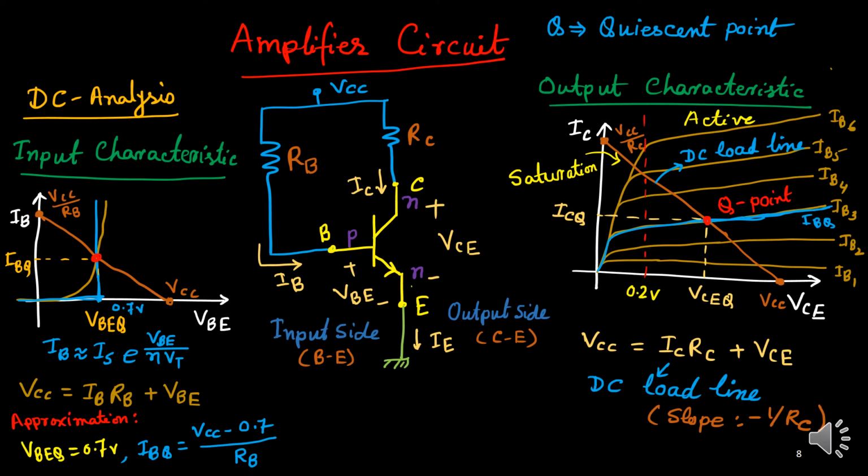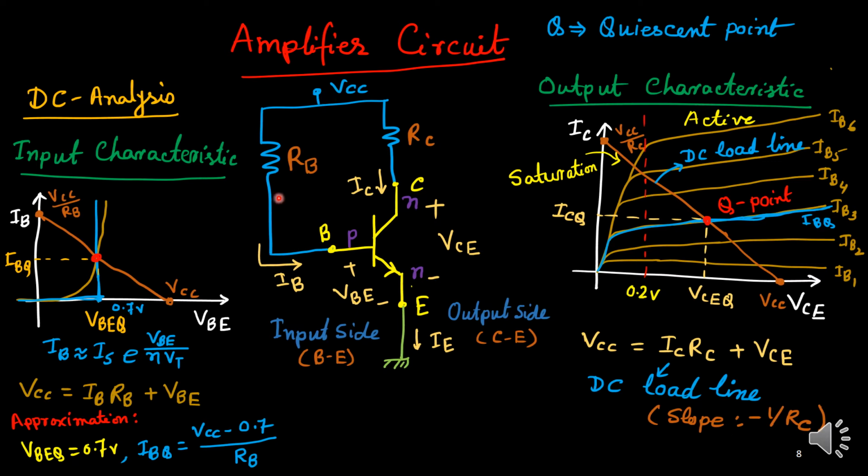We'll discuss briefly what the load line is. From the input side, this curve is the PN diode curve, exponentially growing. From the input side we get an equation by KVL: VCC equals the drop across RB plus VBE.